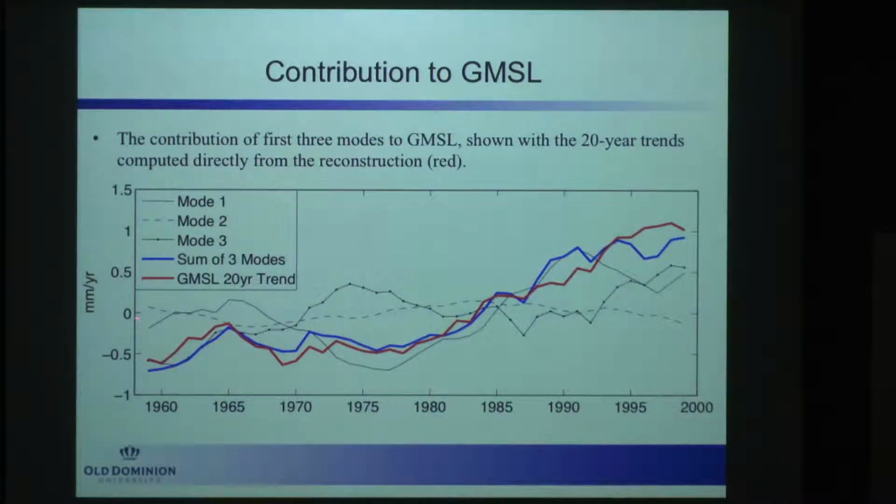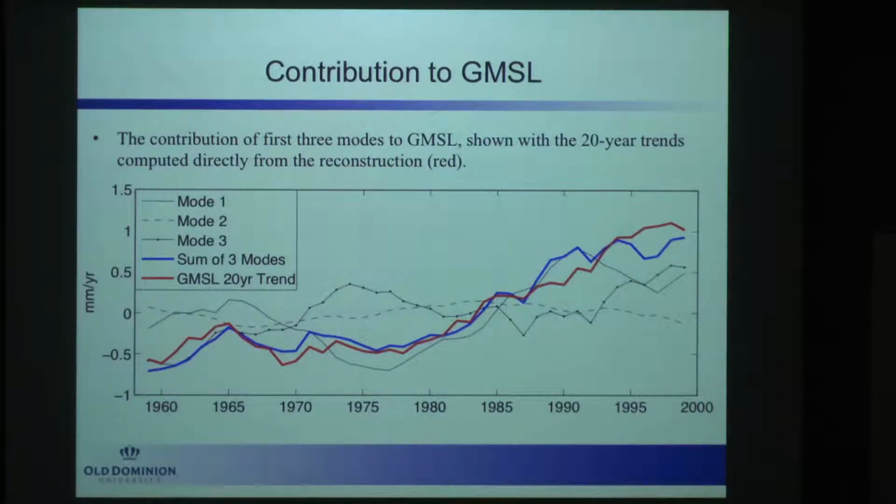And this is what you end up with. Mode 1 is this solid line. You can see that in the past 20 years, the PDO has contributed about 0.5 millimeters per year to the 3.2 millimeters per year we've observed from the satellite altimetry. And based on the reconstruction, this red is the full reconstruction.